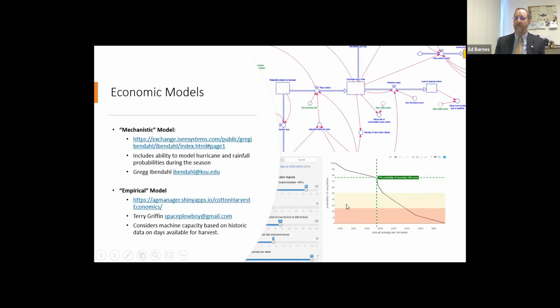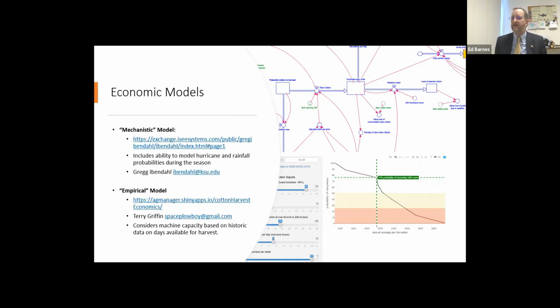We're working with an economist at Kansas State, Dr. Greg Abendal, who has a very detailed model, pictured on the top right, where we can put in rainfall probabilities, probability of hurricane, estimates of cotton loss, and estimates of quality decline, to look at the value of frequent harvest and allow us to do a very rigorous comparison between an autonomous frequent harvest system and a once-over system.